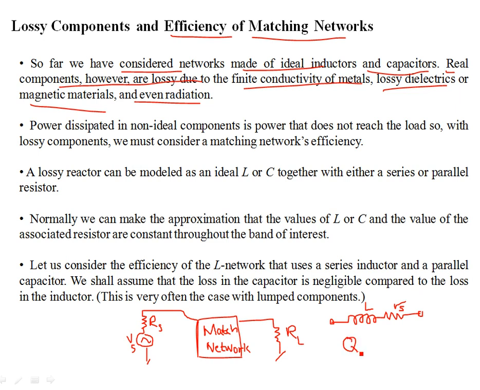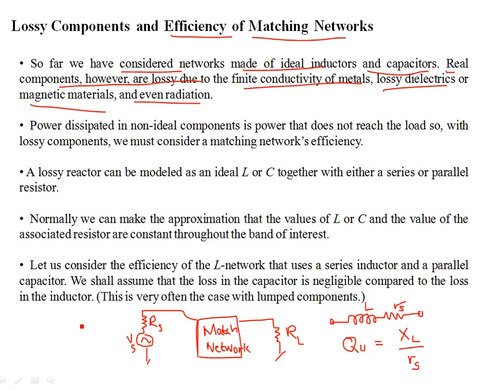If we denote this by, let's say, Q, then this is defined as the ratio of the reactance, XL, divided by, since this is series, Rs, okay? Because this series resistance is dissipative, and it's going to dampen the stored energy which is in the magnetic field of an inductor. So that's going to dissipate energy, and this dissipated energy is not going to reach the load. So you have to consider that.